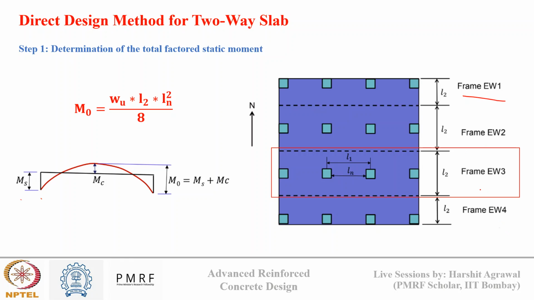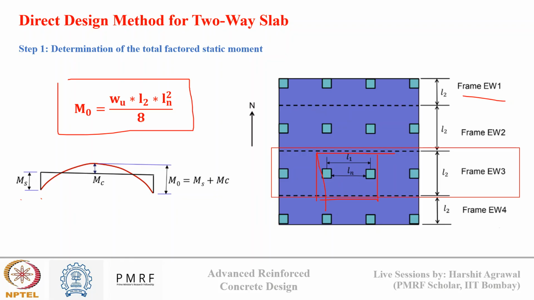For one such frame EW3, we have the lateral dimension as L2. For this middle strip, with span L1 and clear length Ln, the total static moment we can calculate using this formula: Mo = Wu L2 Ln squared by 8.